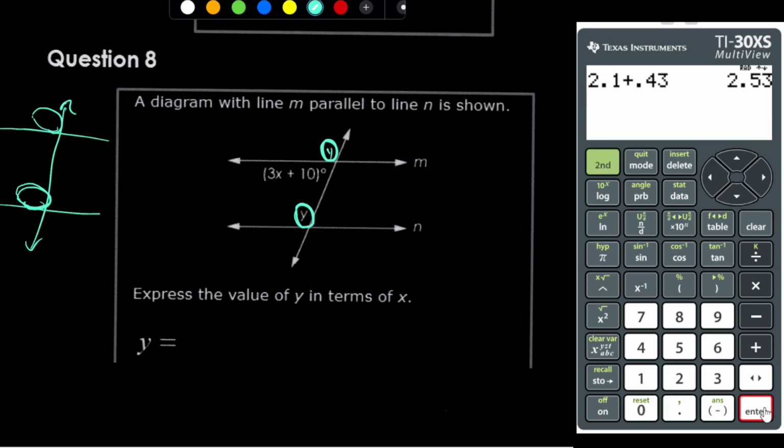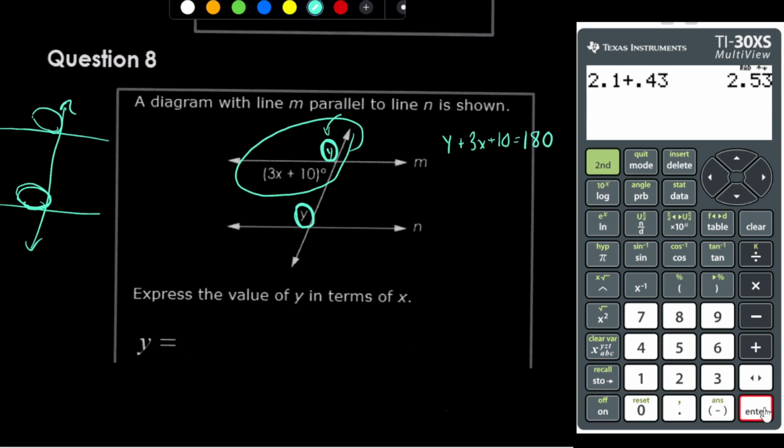So we know that this is y, because that's congruent by corresponding. We now know that this is a straight angle. Straight angle adds up to 180 degrees. So we know y plus 3x plus 10 equals 180.